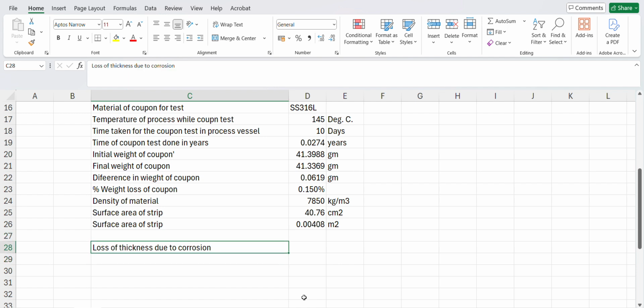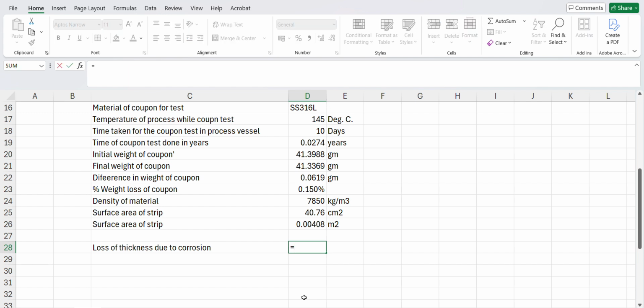We can calculate that simply by dividing the weight loss, which is our 0.0619, by the density of the material, divided by the surface area, which we have calculated here. That is the actual calculated thickness loss.